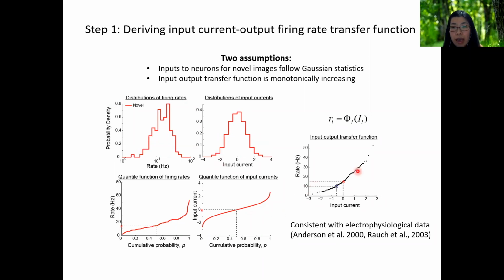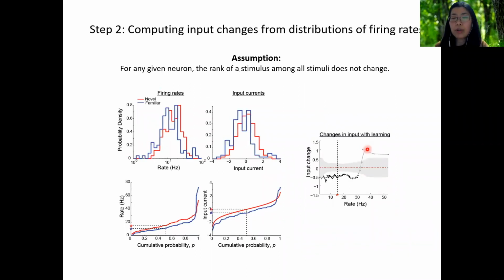And we also assume that the input-output transfer function is monotonically increasing. Under these assumptions, we could infer this input-output transfer function. And from it, we could obtain the distribution of the input currents for the novel and the familiar images.